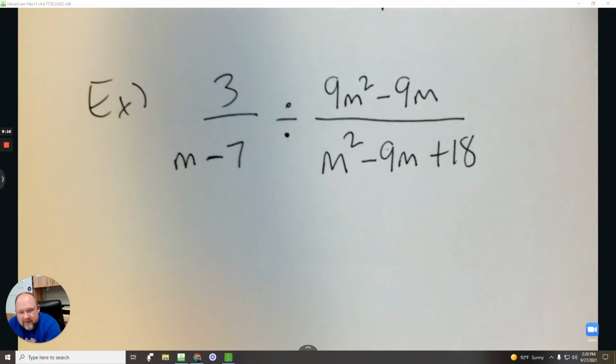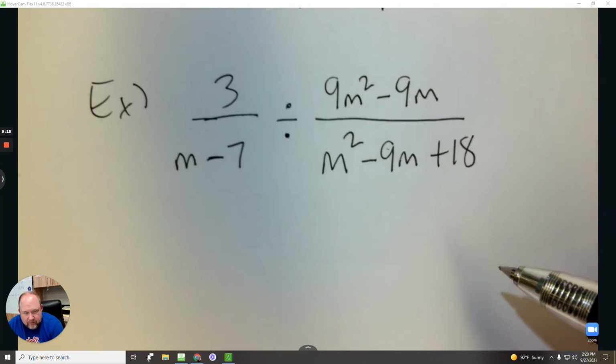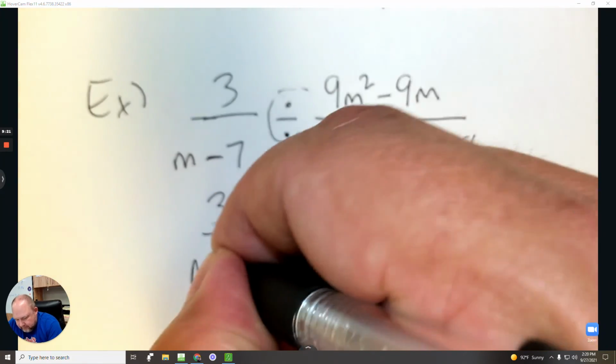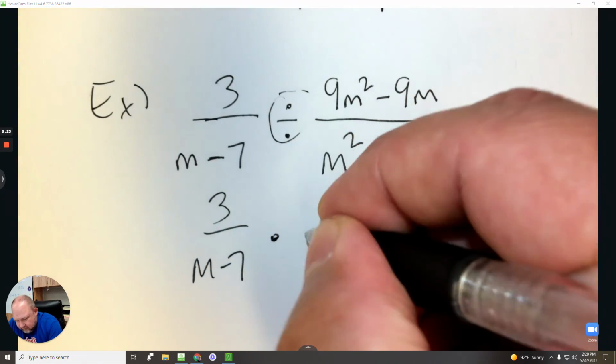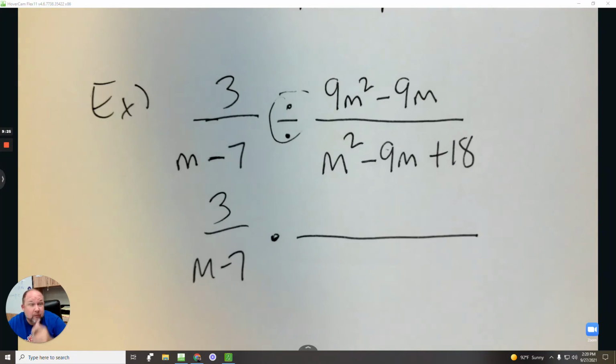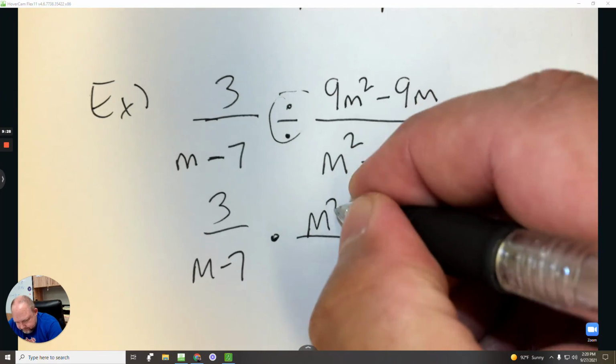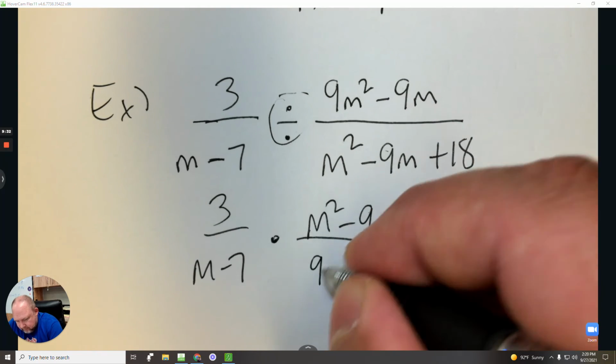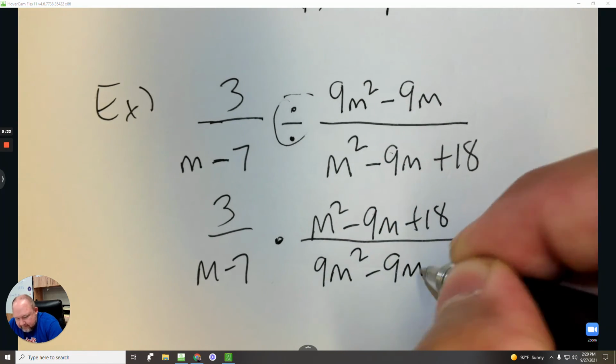All right, so write that down. Can you simplify this with me? So step 1 is, let's change that to multiplying. And how do I change it to multiplying? By doing the reciprocal. So we're going to flip. This is what's called the divisor. We're going to flip that.